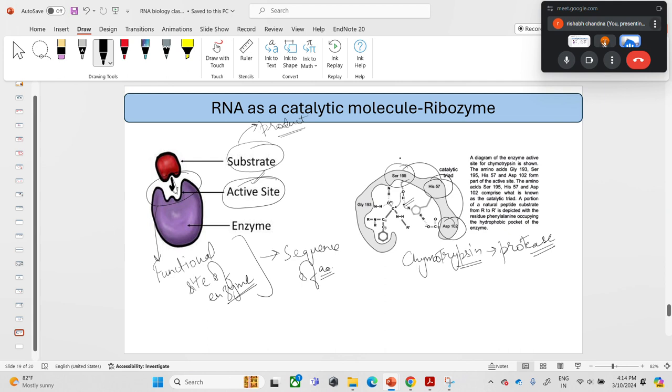So this forms the active site of the chymotrypsin molecule.